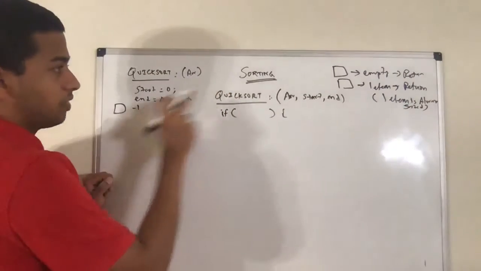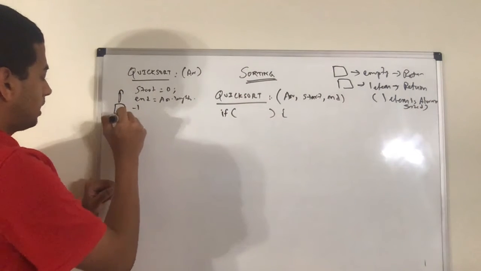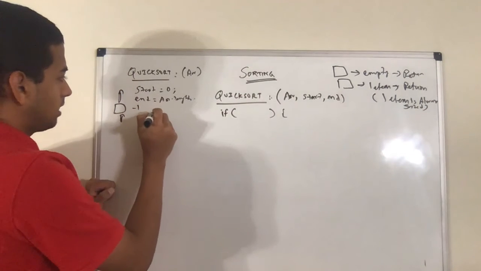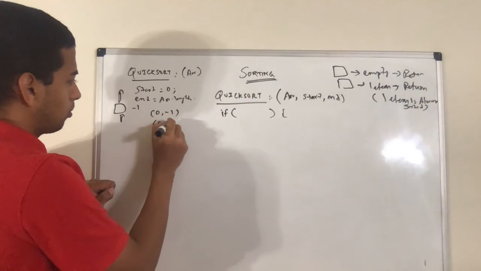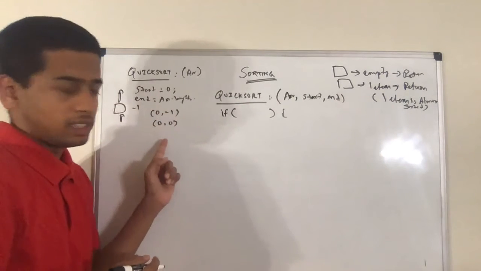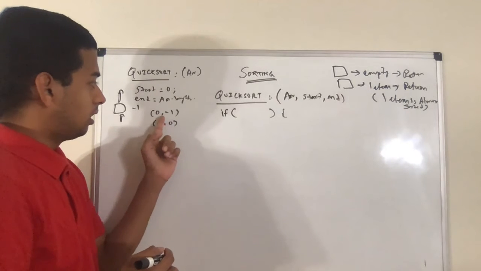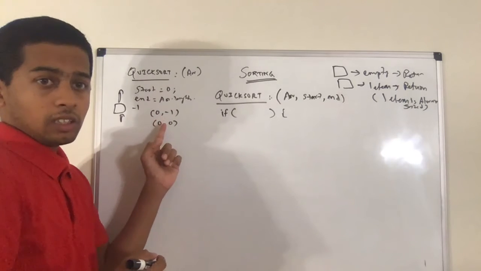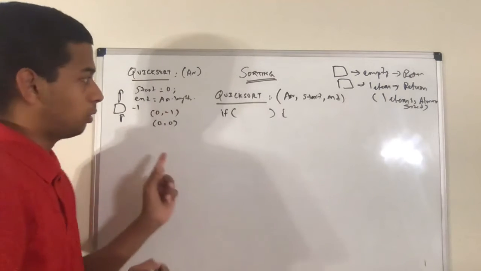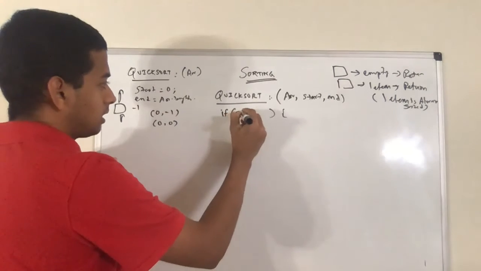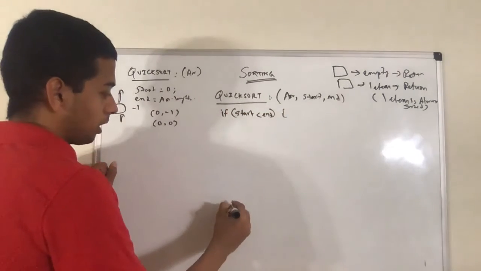So if there is only one element, what is the start index and end index? Start index is also this, end index is also this. So 0, -1 is one case and 0, 0 is another case. Both start and end can be the same, or start may be greater than the end. So these two cases we should ignore. So if start less than end, only then do this operation.